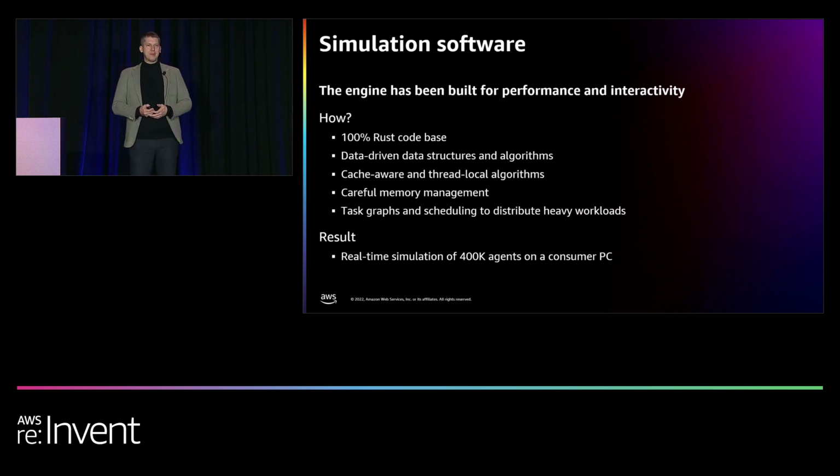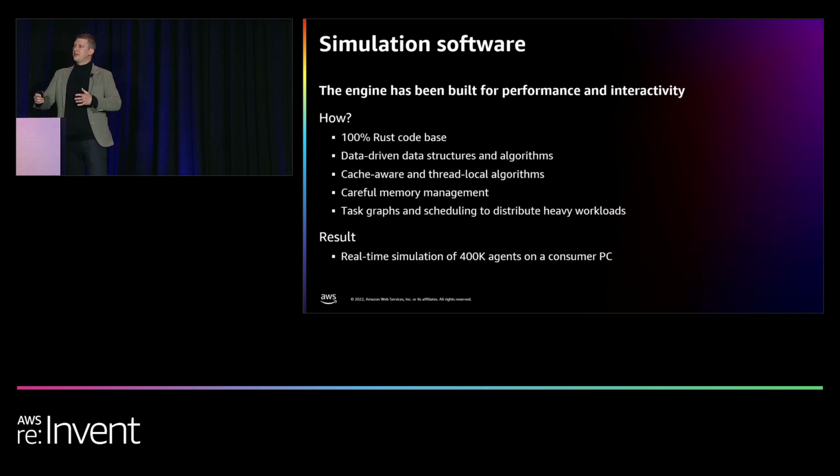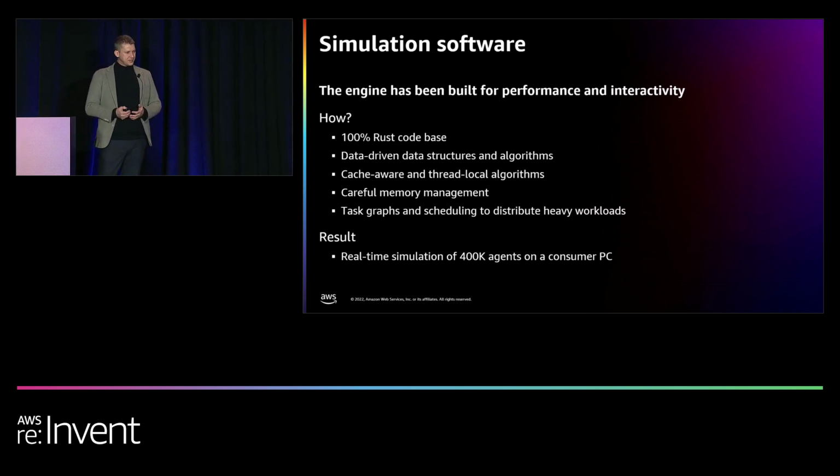Then we carefully looked at memory management, so we made sure that we didn't do too many allocations and deallocations of memory, because it really destroys high-performance computations. Some computations are too expensive to compute during one time tick, and that typically takes 0.1 second.